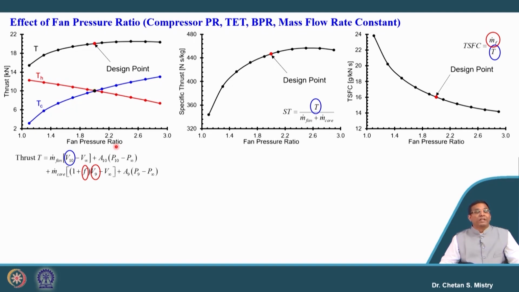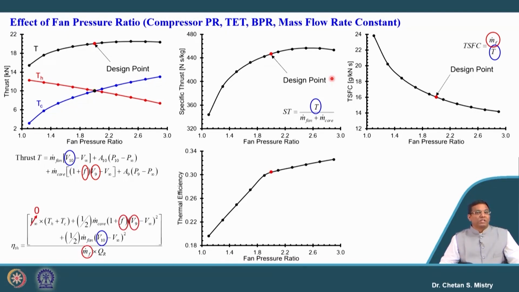It requires more work for the compression, and that more work we get from the turbine. For getting that more work, the fuel input required will be higher. But when we compare this, my thrust number will be very high.